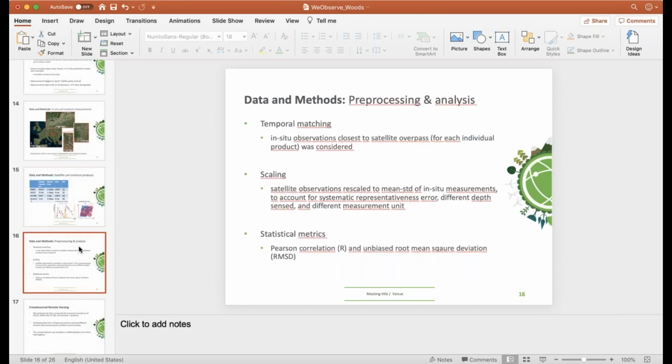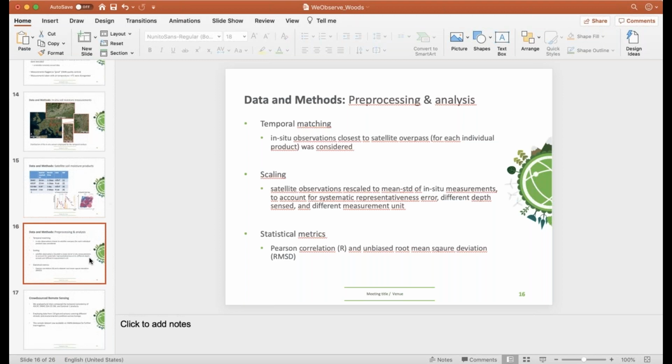So, data and methods: the pre-processing and analysis, and the temporal matching. The in situ observation closest to the satellite overpass was considered for each individual product. There's a scaling: for pre-processing, satellite observations were rescaled to the mean and standard deviation of the in situ measurements, to account for systematic representation error, and different depths sensed and different measurement units.